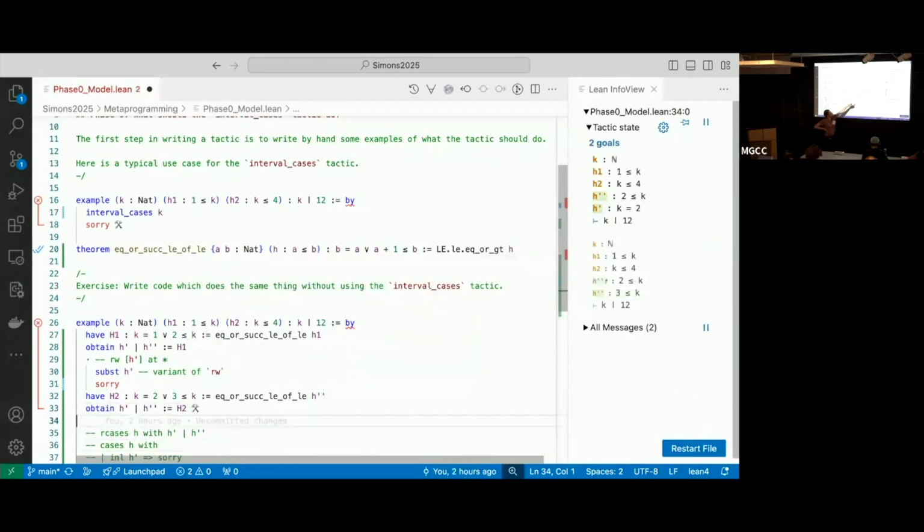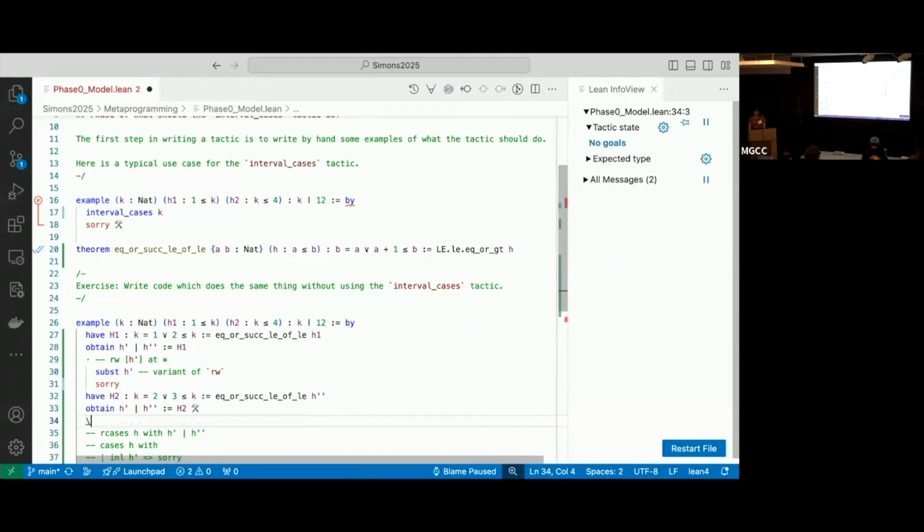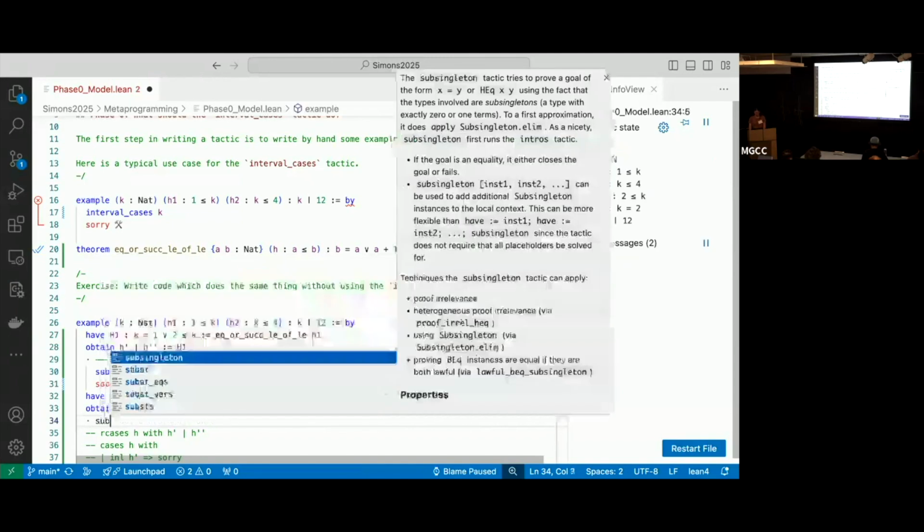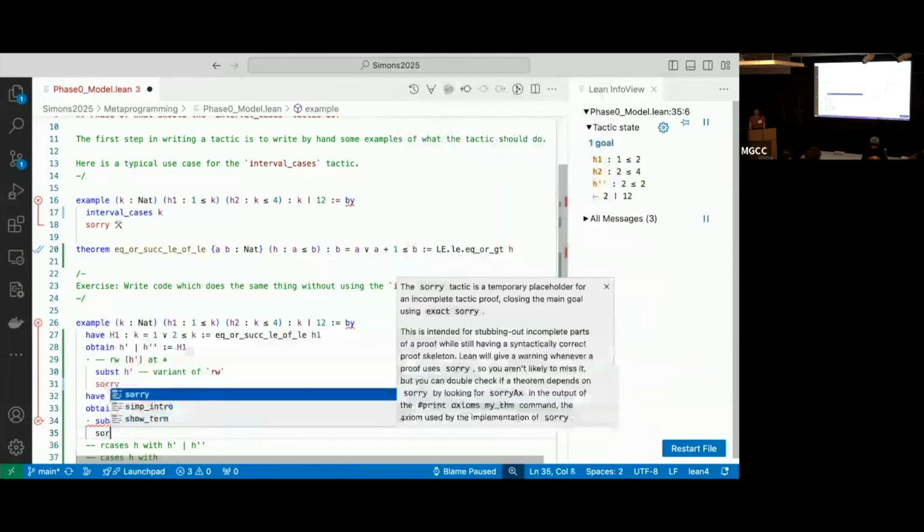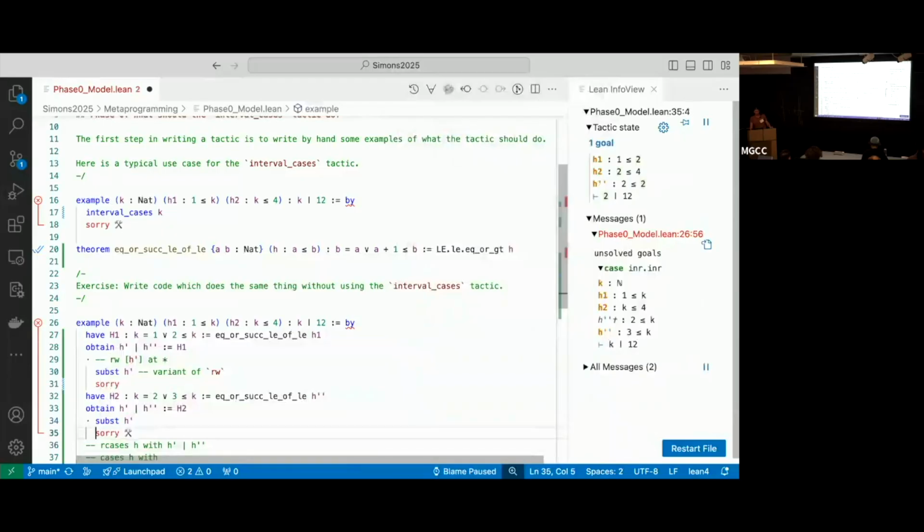In one case, K is known to be 2, and in the other case, K is at least 3. Again, one of these is already pretty close to the second case of the main interval cases. I could get there exactly by running a subst H primed on the equality in that case. And I'm left with one goal, which is to prove the fact for 2, namely 2 divides 12.